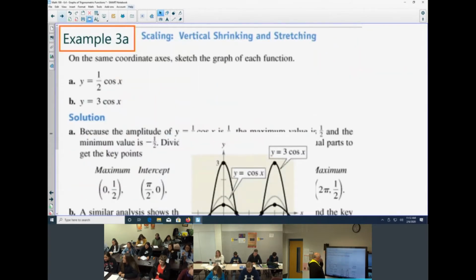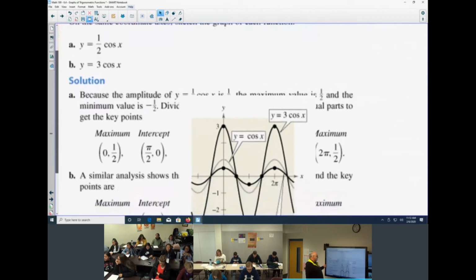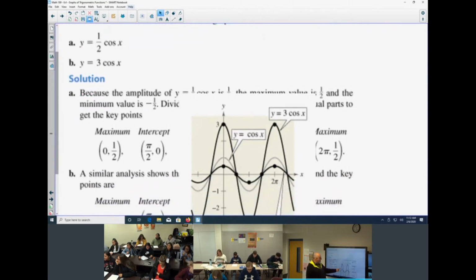A lot of times when we're graphing functions to compare, we'll graph, let's say, y equals cosine x, and then compare these two. So here in gray, I have y equals cosine x. Then y equals 1/2 cosine x would be this one. So instead of going up to 1 and down to negative 1, it only goes up to 1/2 and down to negative 1/2.